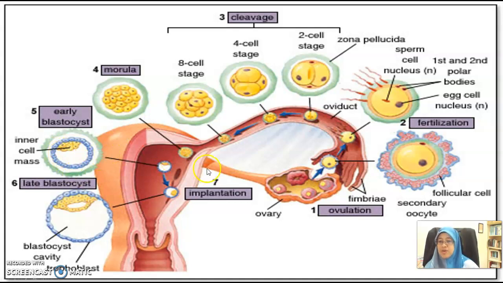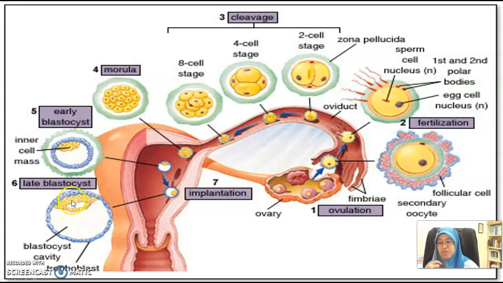Okay, so as they go further down, as they undergo the cleavage and the formation of the blastocyst, these cells travel towards the uterus, because the end product is that the blastocyst needs to be implanted on the wall of the endometrium. So you can see there is another stage, the late stage of the blastocyst.